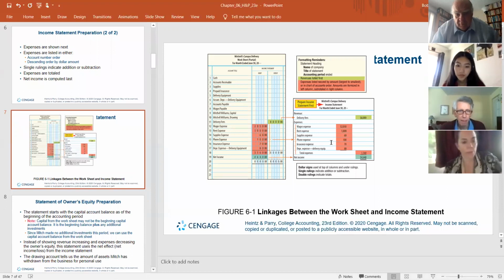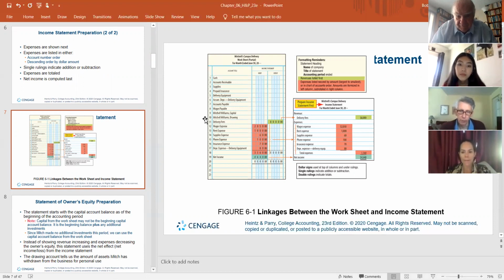And I'm going to go directly to our worksheet here. Here is our final finished trial balance. At this point, we can use this to prepare the financial statements. And I was just telling Riley, go to your income line, your first revenue line, which in this case is delivery fees.